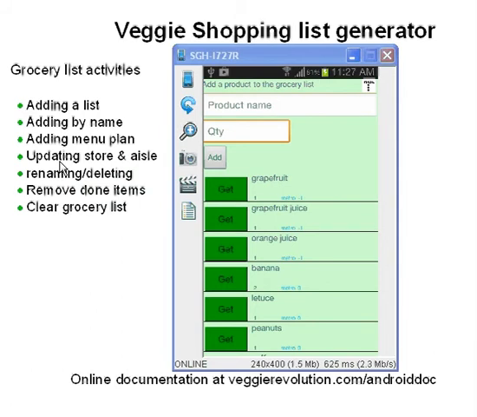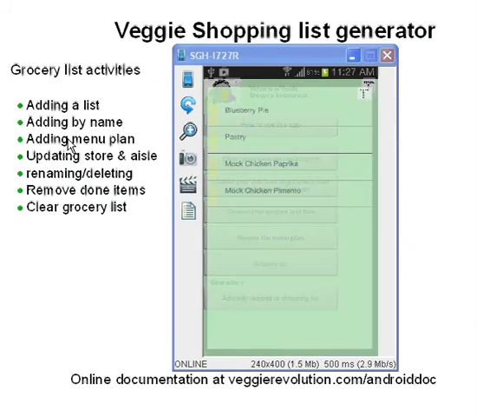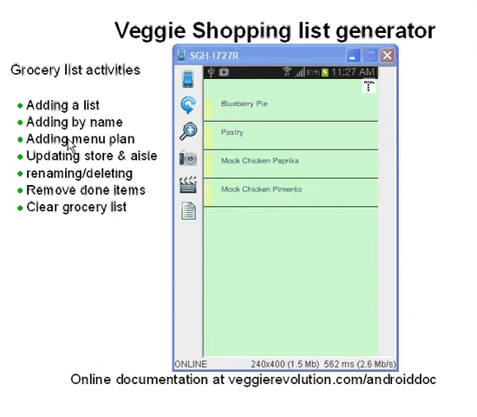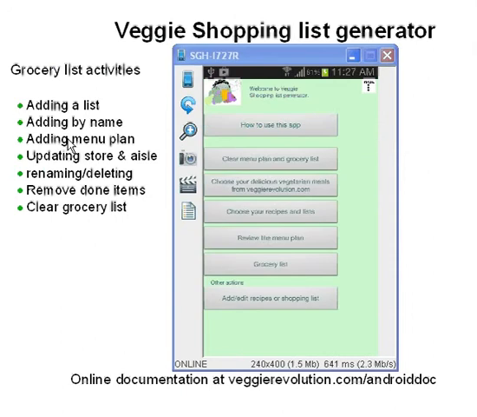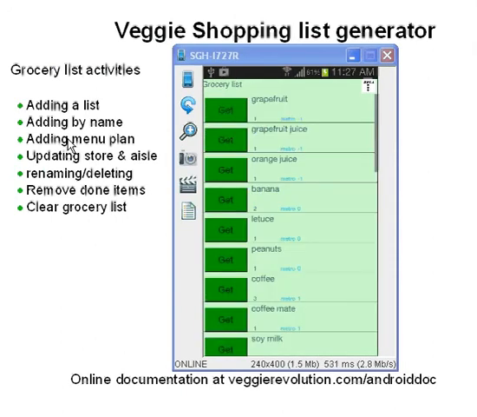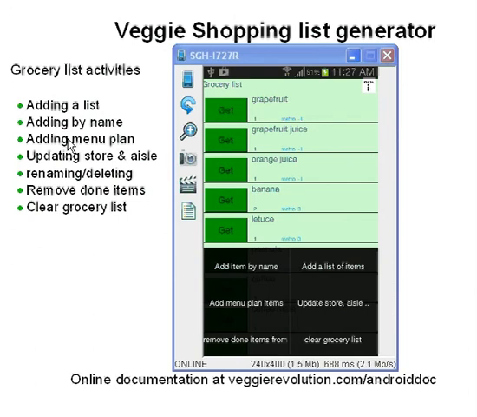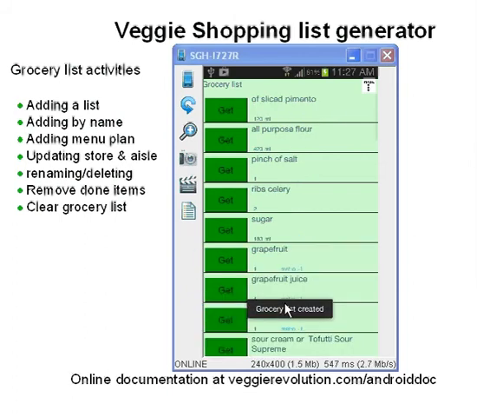If I go back to reviewing the menu plan here, I had a menu plan with a couple of recipes I put in just to demo. So I'll go back in the grocery list and I'm going to add the menu plan items. What that does is it adds up all of the ingredients required for all of the recipes in the menu plan, calculates the total quantity, and adds that to the grocery list.